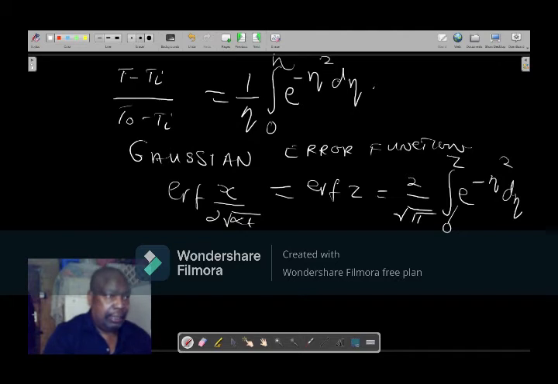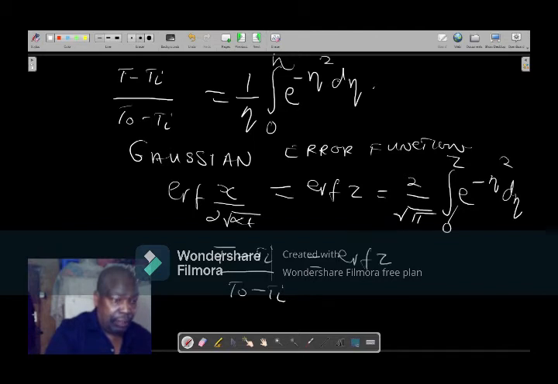So we can say that (T minus Ti) divided by (T naught minus Ti) is equal to the error function of z, where z is equal to x over 2 root of alpha t, or if you like, you can take the 2 inside, so this becomes the square root of 4 alpha t.